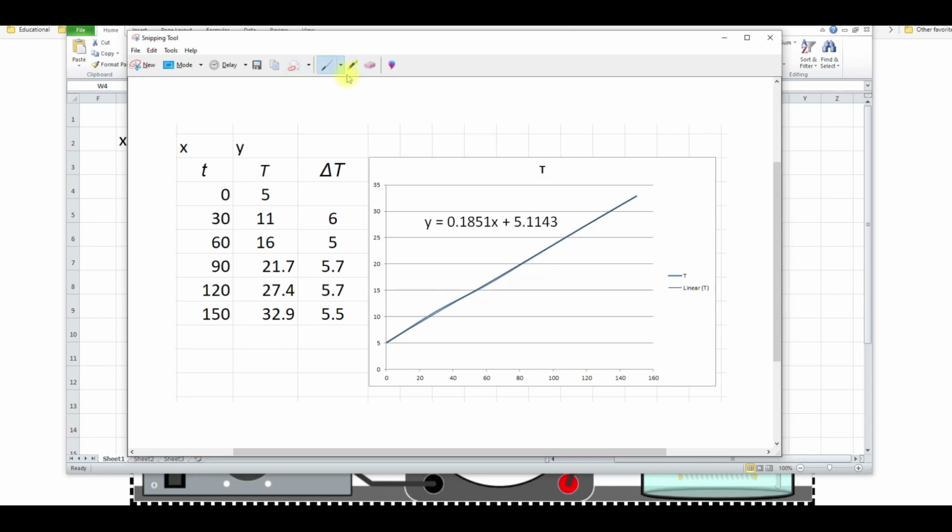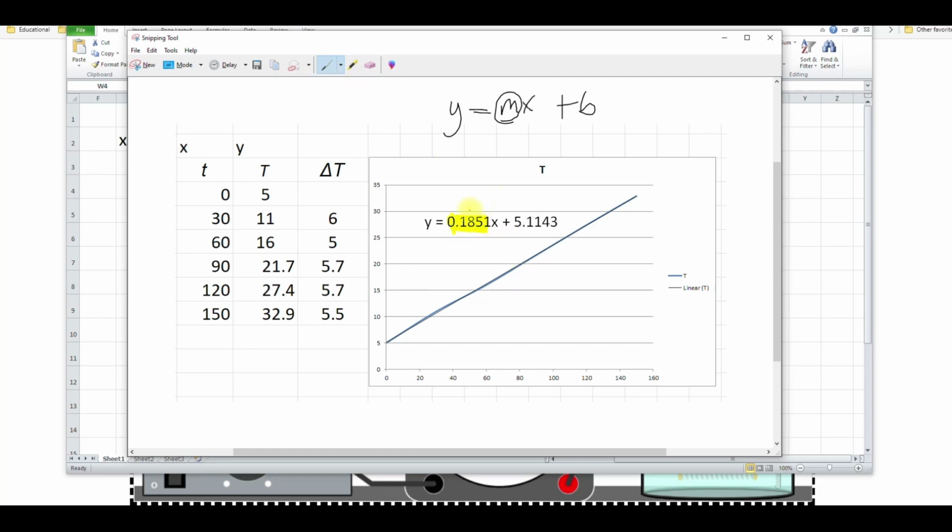The general equation for the slope is y equals mx plus b, where m is the slope. In this case, the number that comes with the x is the slope of the line.